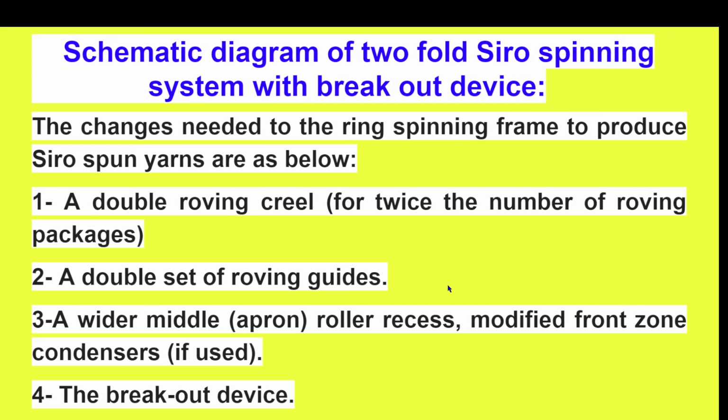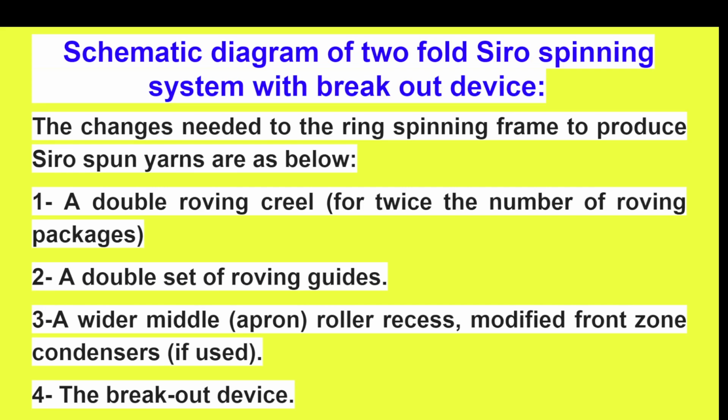Now guys, I tell you about the schematic diagram of the two-fold Siro spinning system with breakout device. Actually, the Siro spinning system or Siro spinning mechanism is a special device which is mounted on our ring frame machine.